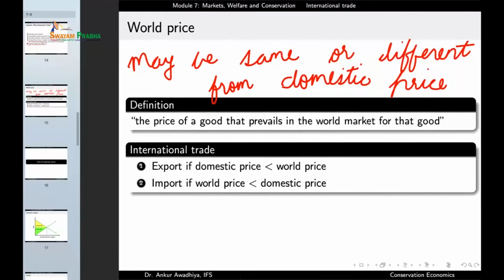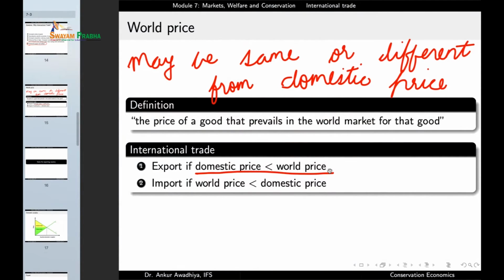Why? Because these prices are an indication of the cost of manufacturing to the producers. And in this case, if the domestic price is less than the world price, what does that mean?